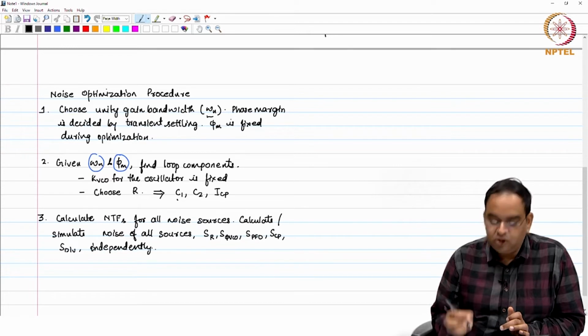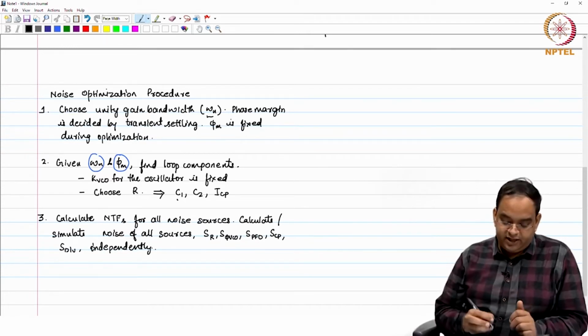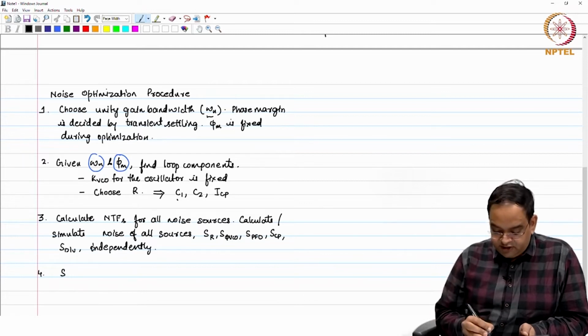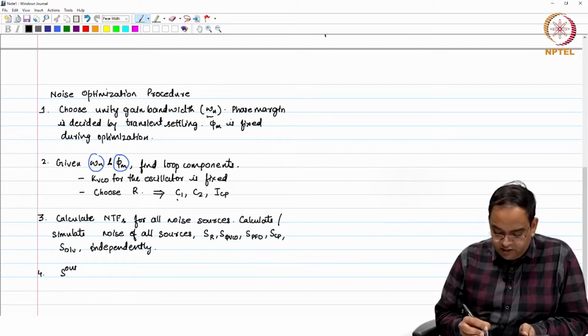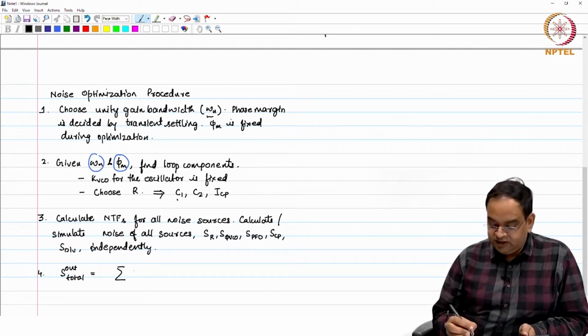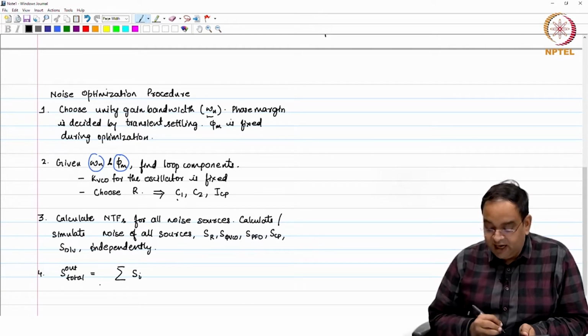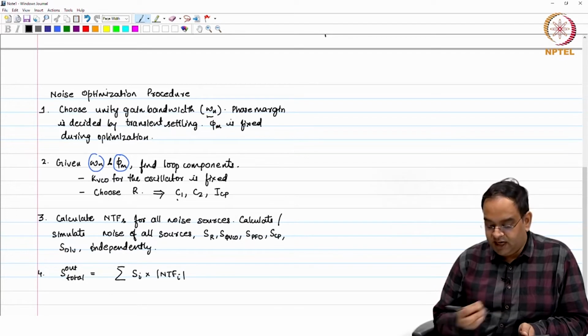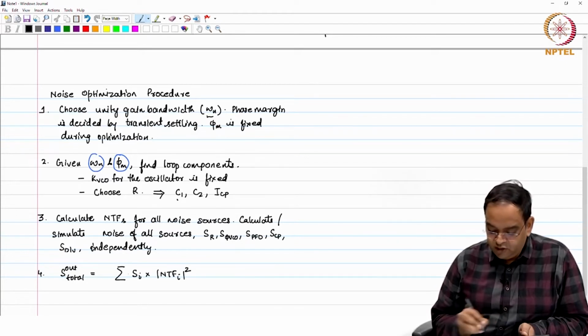Once you know the noise and the NTFs, you can calculate the total output noise, which is S out total. You add up all these things multiplied by their noise transfer function. So, I will write S_i, where i denotes the ith source, times NTF of i, the noise transfer function for the ith noise source, whole square.